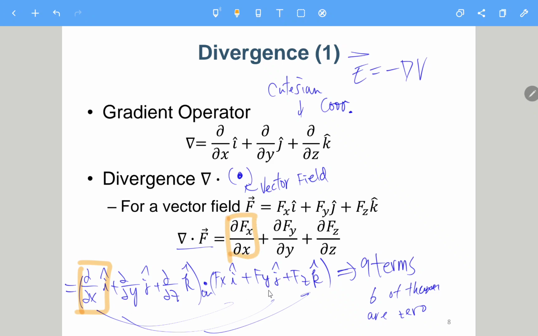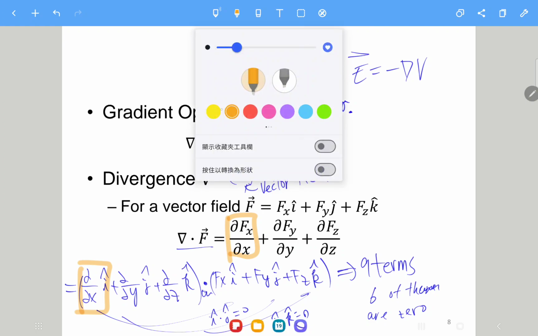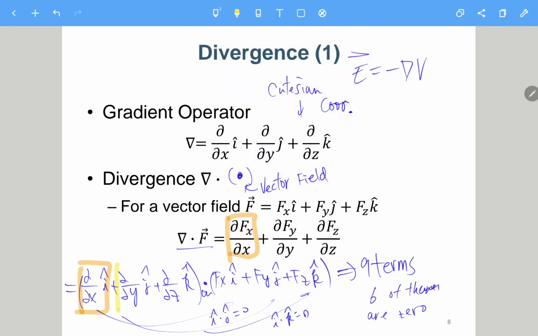For the remaining 2, i hat dot j hat is 0, and i hat dot k hat is also 0. So these 2 go to 0. So the remaining 2 are this one with this one.